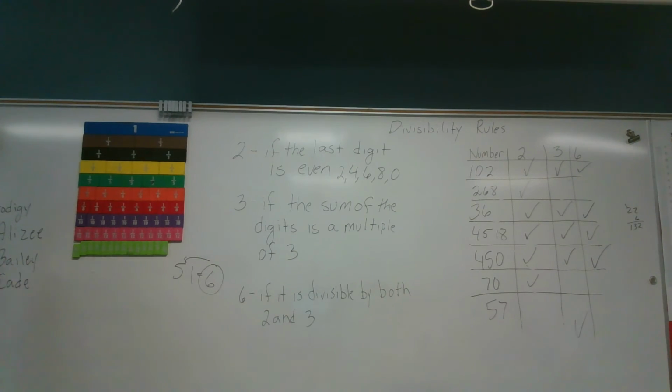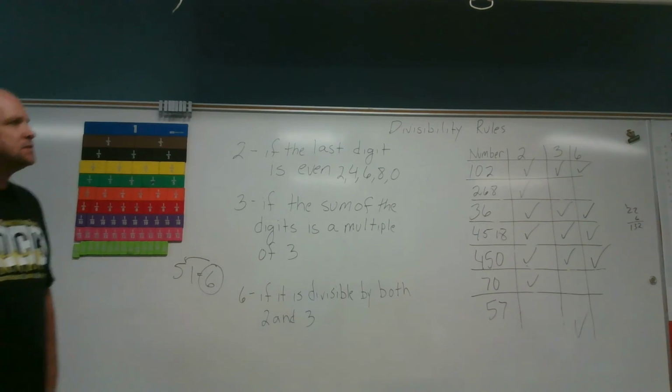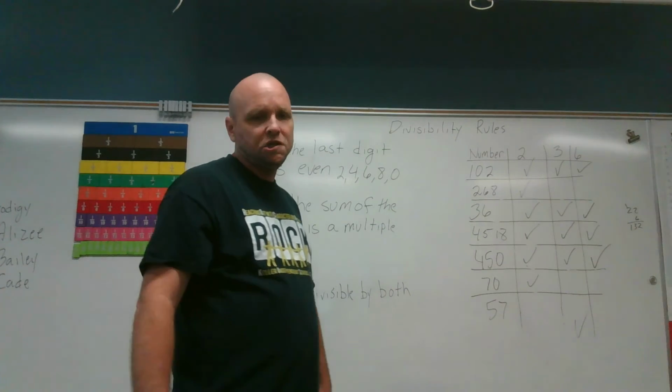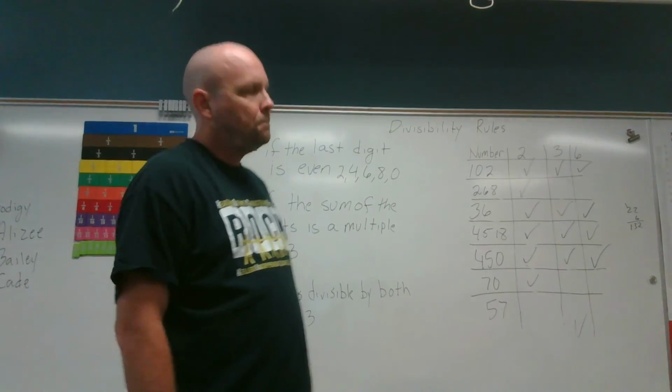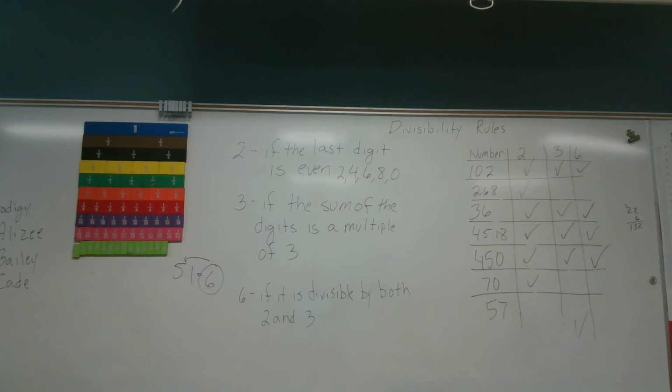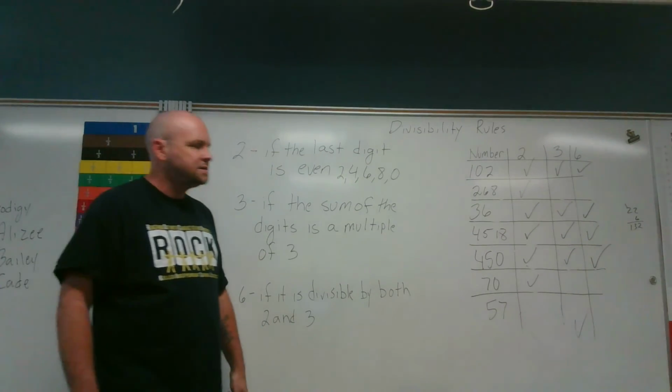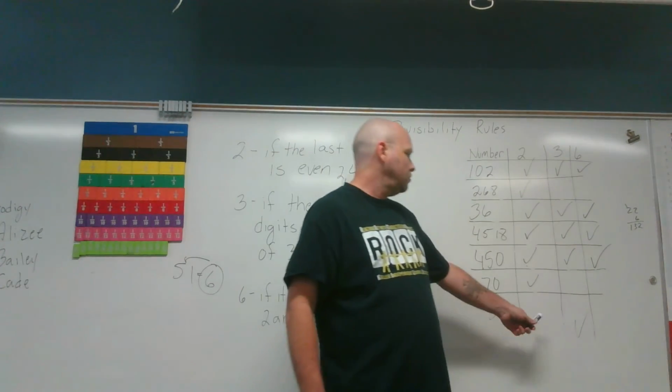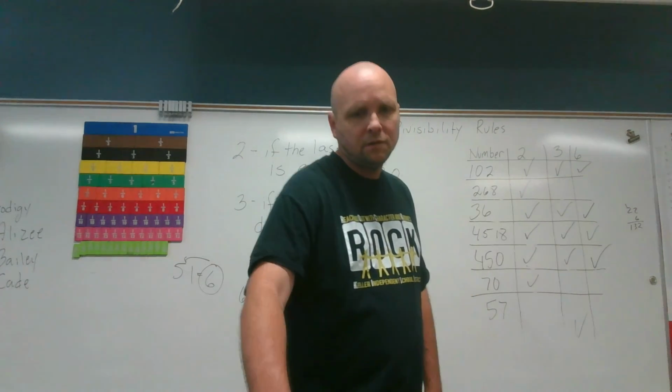Good, it's not divisible by 3, just 2. Bailey, why is 57 not divisible by 6? Good, it's not divisible by 2 because it's not an even number.